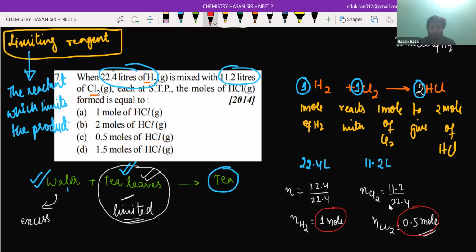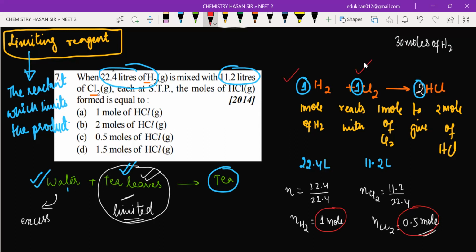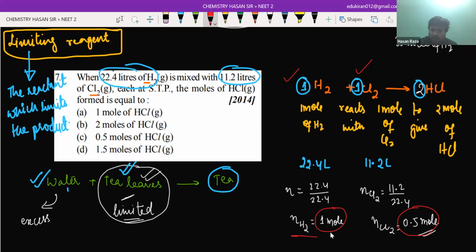So are you able to identify which one is the limiting reagent, hydrogen or Cl2? What do you think? Yeah, true. Cl2, because it is lesser in amount. They should be in equal proportion, 1:1. But here hydrogen is 1, but Cl2 is 0.5. It should be 1, so it is lesser in quantity.